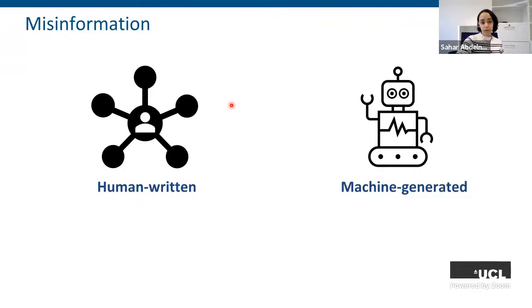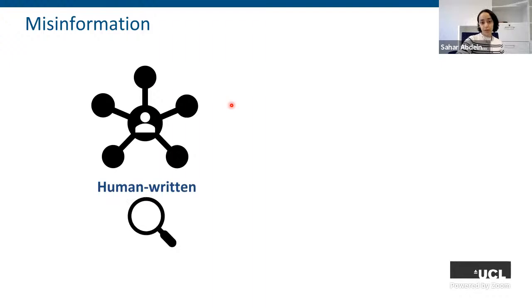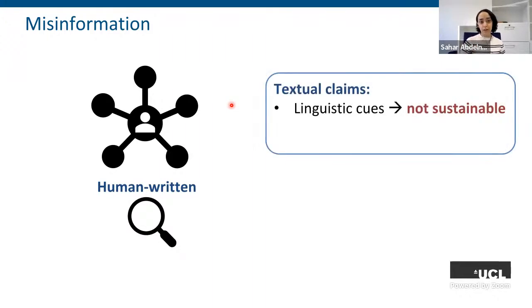Okay, so I'll first start with the human-written misinformation. In recent years, there has been a lot of focus on studying misinformation, specifically textual fake claims. There has been a lot of wonderful work on studying how they propagate, their characteristics, and how to detect them.